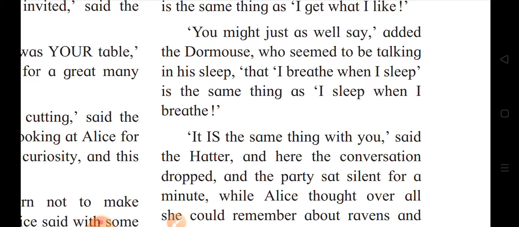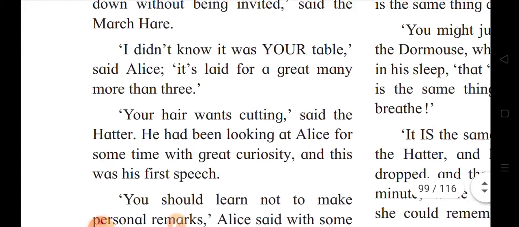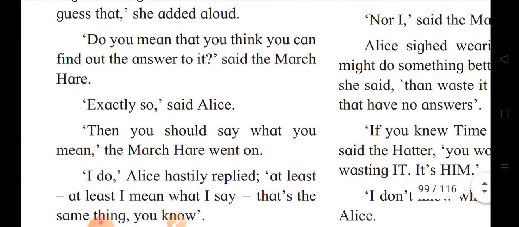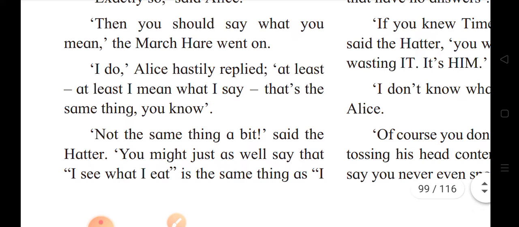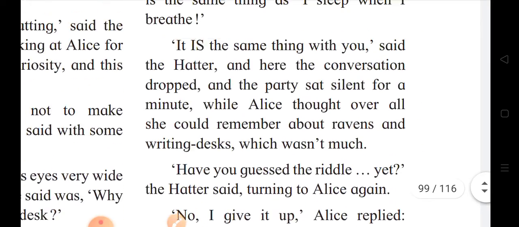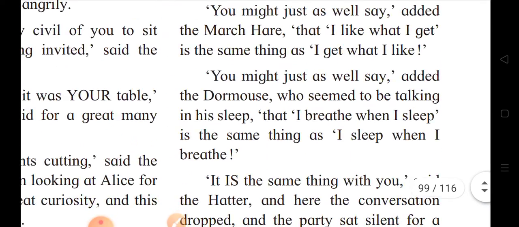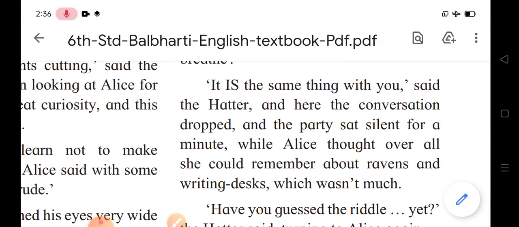They just want to irritate Alice, since she said "I mean what I say, that's the same thing, you know," so they are changing the statement in the opposite manner and making her irritated.